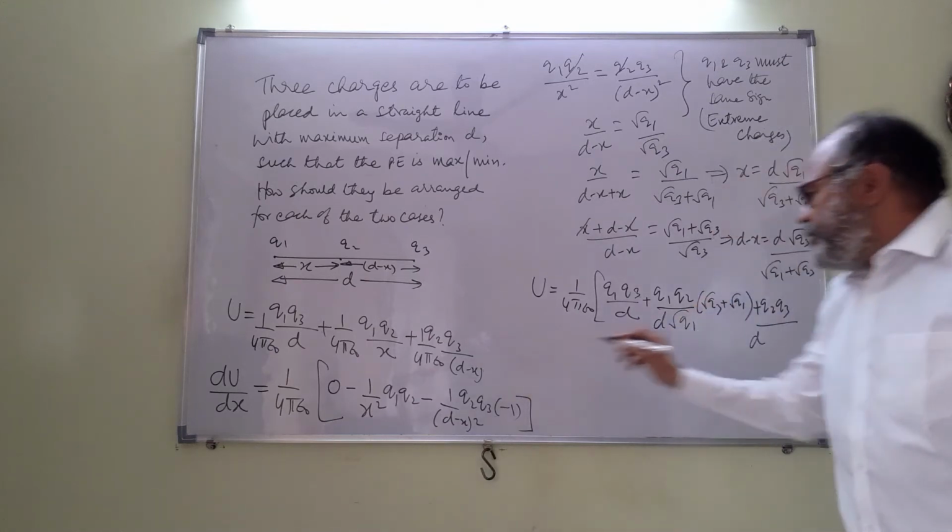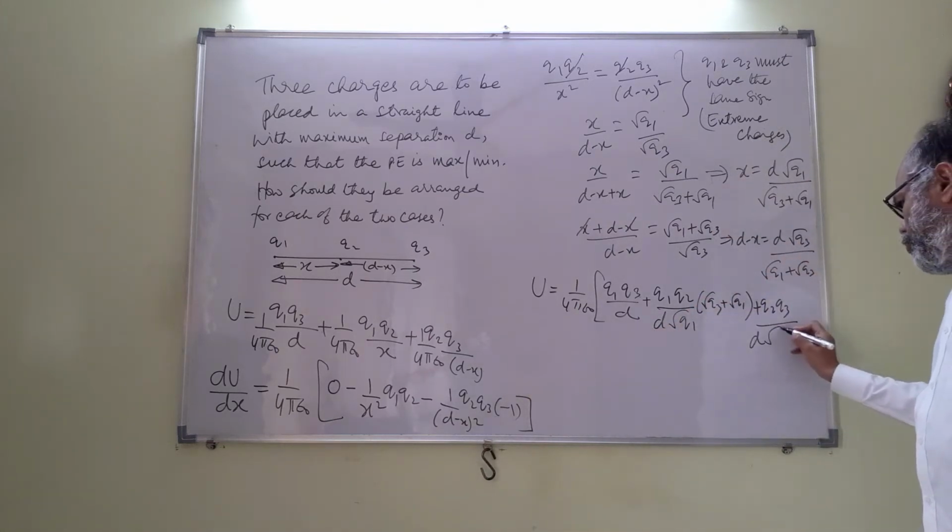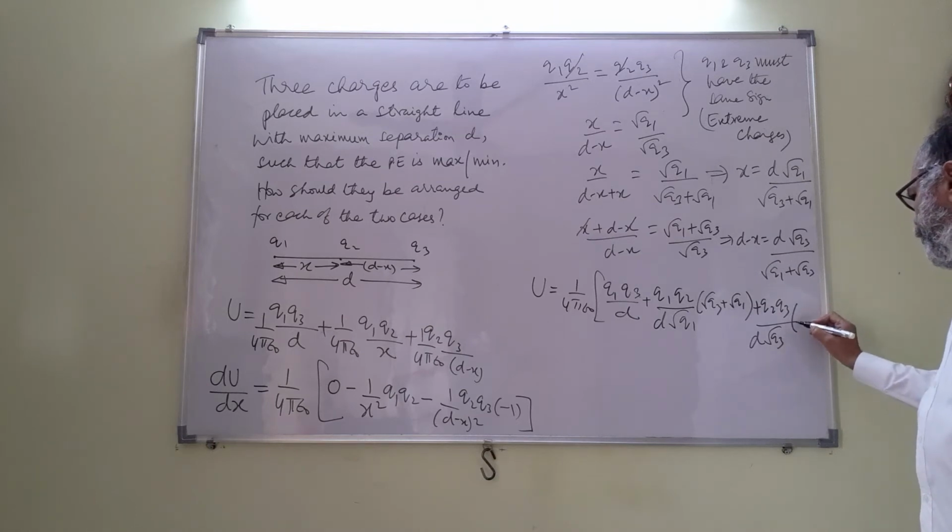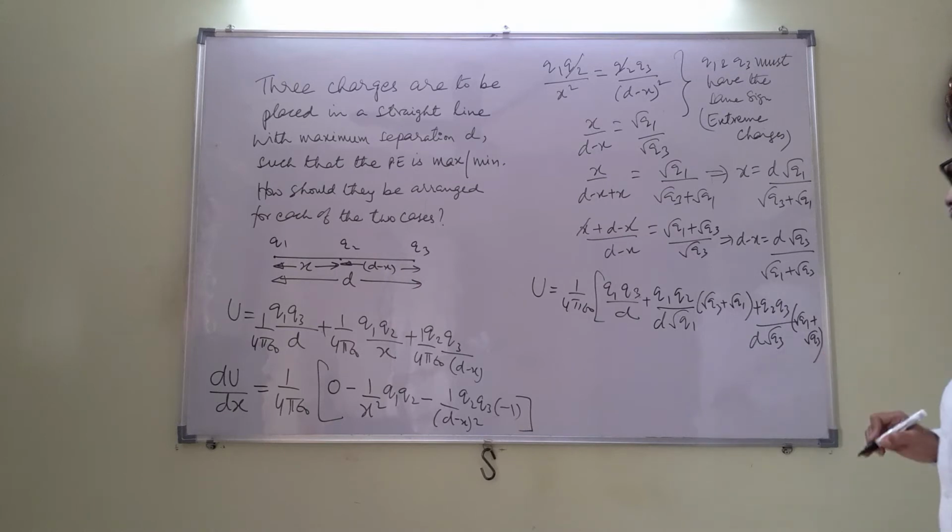So d minus x is d root Q3 by root Q1 plus root Q3.